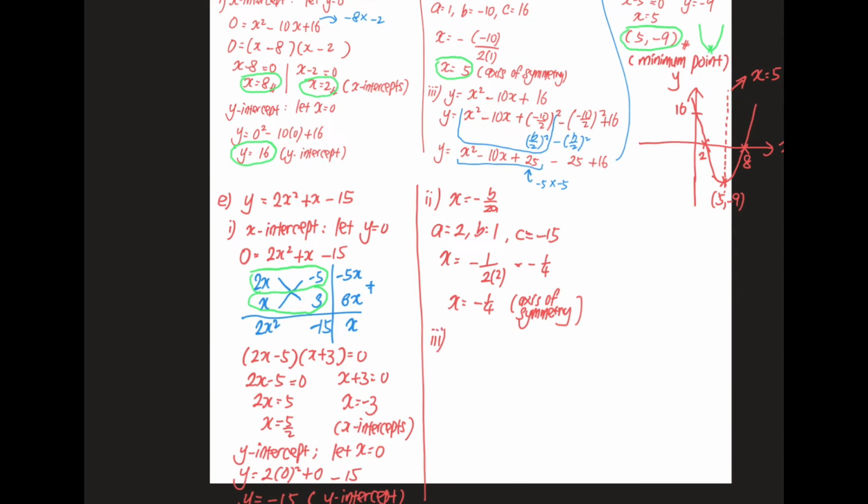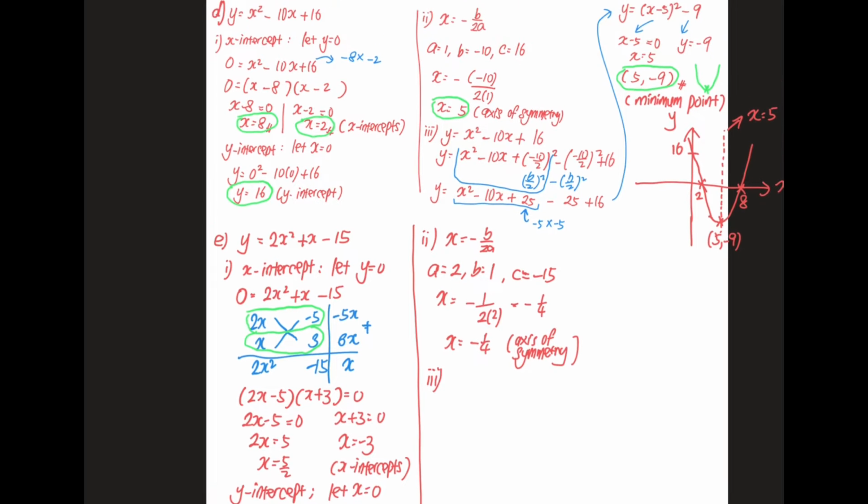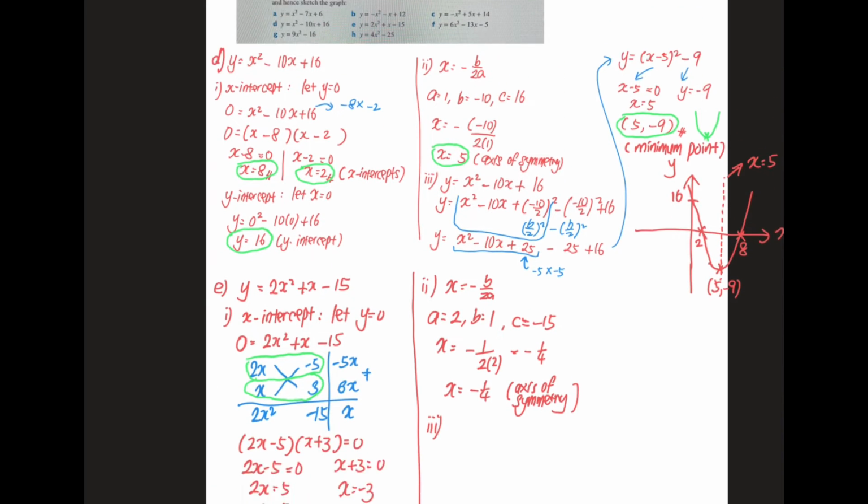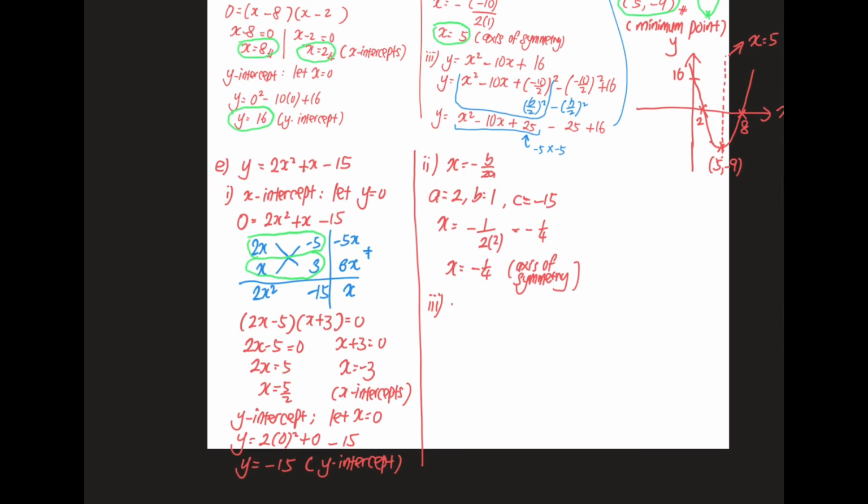Part 3, the turning point. We have to do completing the square. So y equal to 2x squared plus x minus 15. This time we need to factorize 2, because there is a number in front of the x squared.